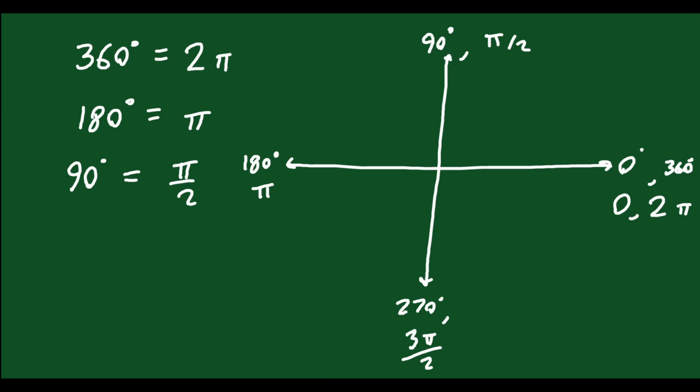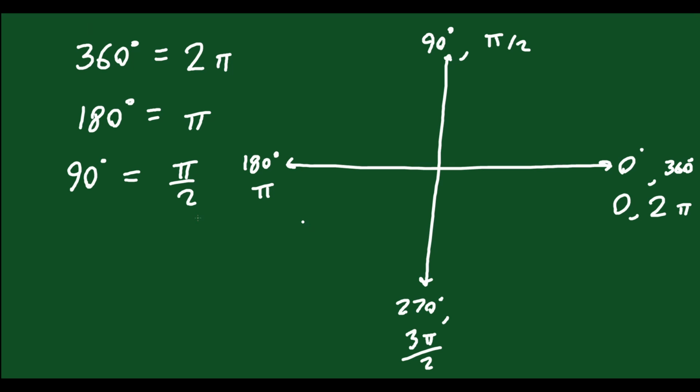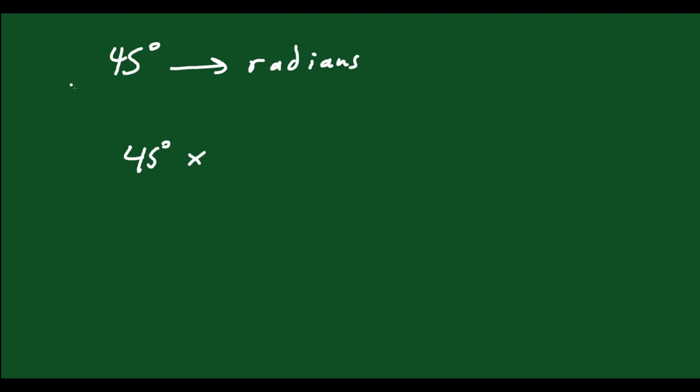Now, if you have a specific angle and you want to convert it between those units, this is what you have to do. So let's say, for example, you have 45 degrees and you want to turn that into radians. Then you would say, okay, 45 degrees multiplied by a conversion factor. Well, we said that 180 degrees is equal to pi. So we can use that as a conversion factor. We can say that pi over 180 degrees will be our conversion factor.